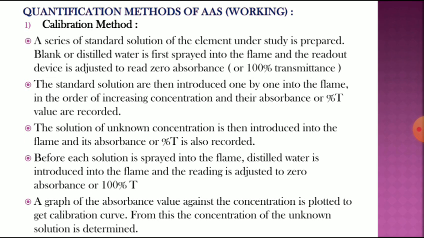So, first is the calibration method. All of you know what this calibration method is. For this method, first of all, a series of standard solutions of the element under study is prepared. That means standard solutions of known concentration we have to prepare.